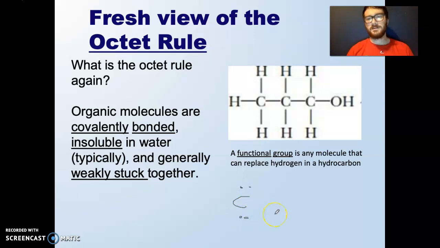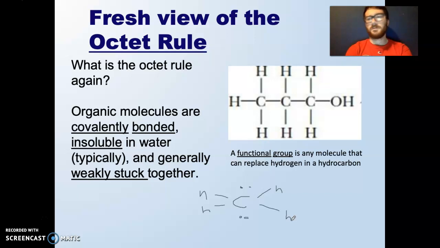Therefore, carbon is going to need to make 4 bonds because it needs 4 more electrons. And in most cases, it's going to bond with hydrogen. I know it's supposed to be uppercase, but I'm recording on a laptop and it's kind of hard to draw uppercase things.